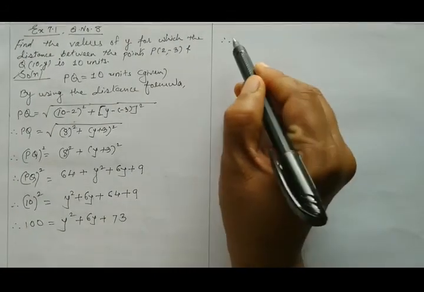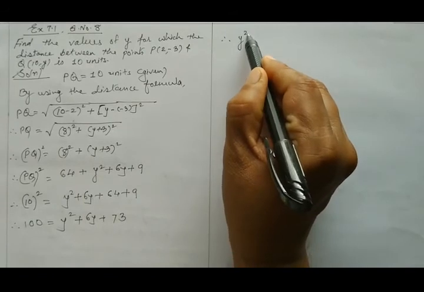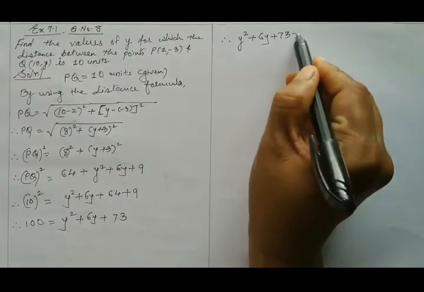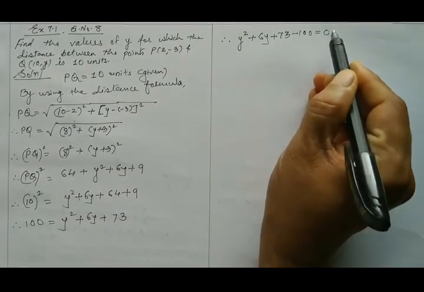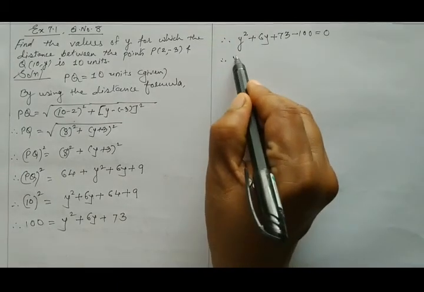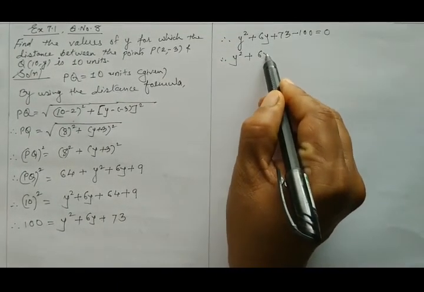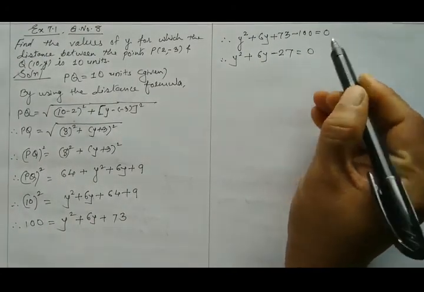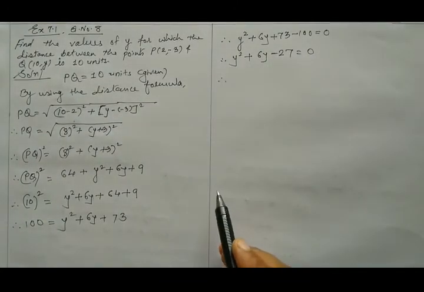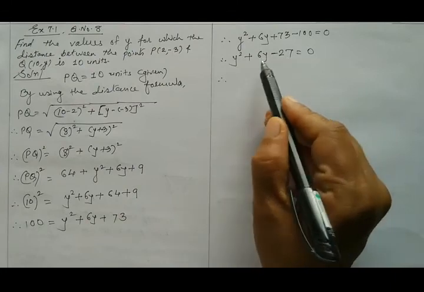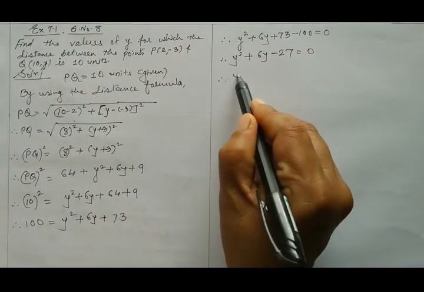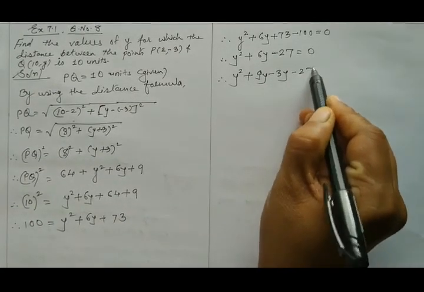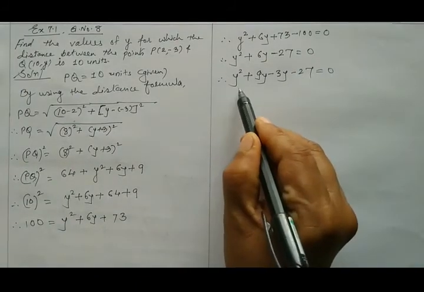Okay, so therefore y square plus 6y plus 73 minus 100 is equal to 0. So therefore y square plus 6y minus 27 is equal to 0. So find two numbers whose product is minus 27 and sum is 6. So 9 3s are 27, with plus. So y square plus 9y minus 3y minus 27 is equal to 0.